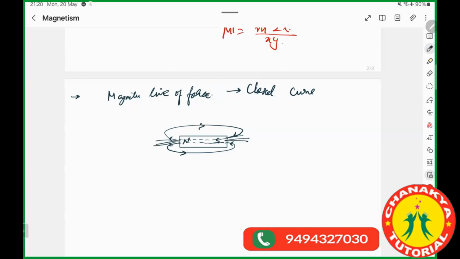Outside the magnet, it goes out from north. If you observe this diagram, from north it's moving outward, in south it's moving inward, not outward.